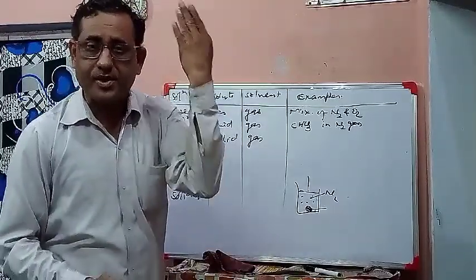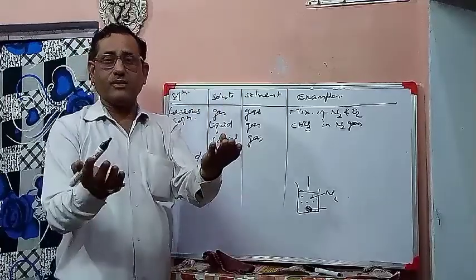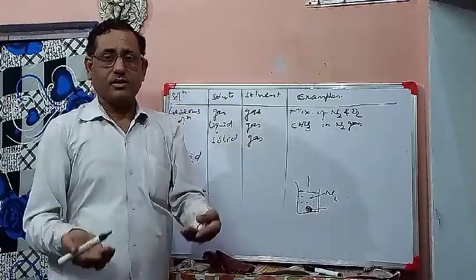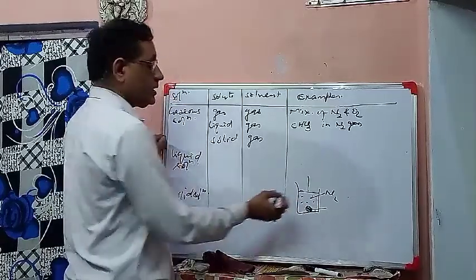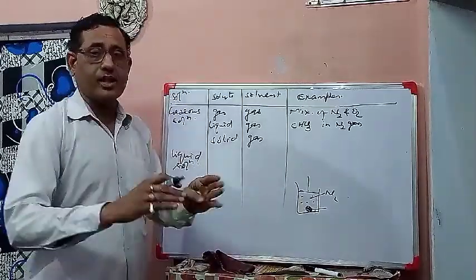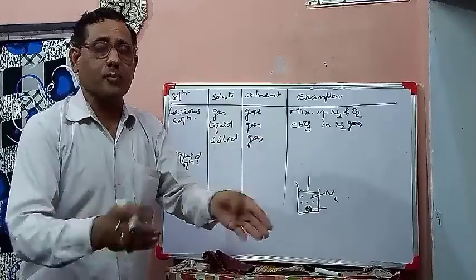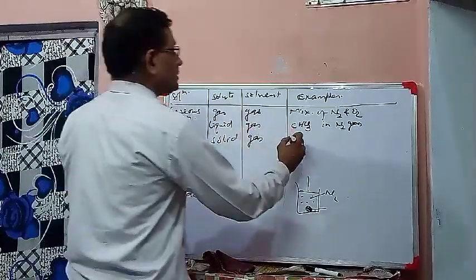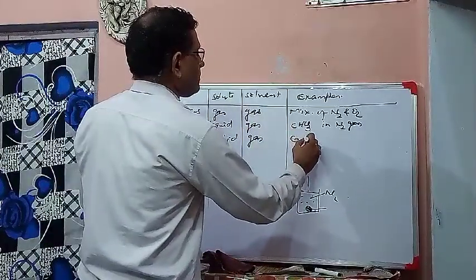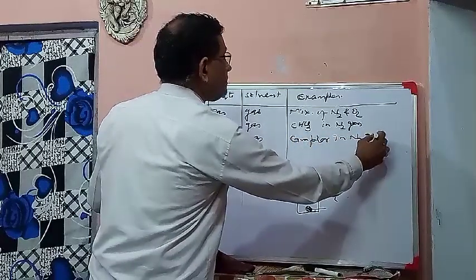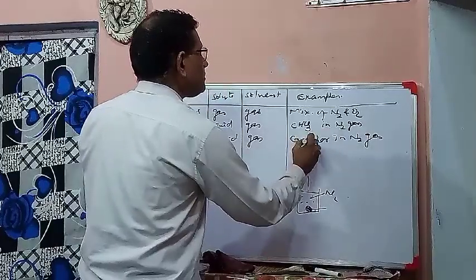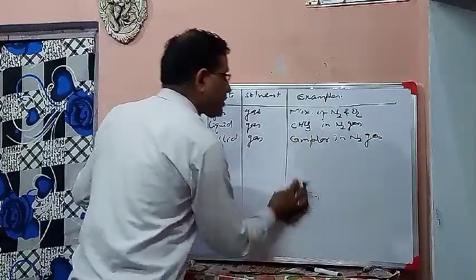Both are volatile substances. कपूर को देखते हैं, खुला रखते हैं तो वो उड़ जाता है due to its volatile nature. Then what happens? Slowly and slowly it is vaporized and its vapors mixed into nitrogen. Both come in the gaseous state. That is camphor in nitrogen gas, or iodine in the nitrogen gas.